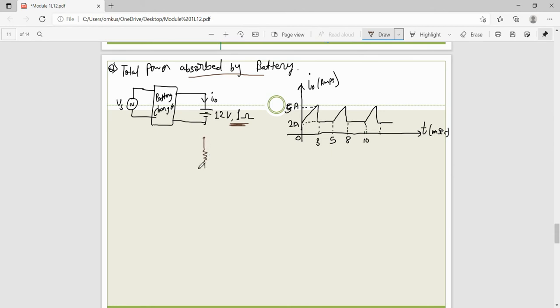This is the internal resistance of the battery, and 1 ohm. Now you need to find out the power absorbed by this branch.